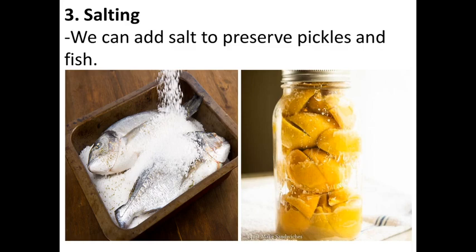That salting process helps to slow down the growth of microorganisms. Mango, lemon and other fruits and vegetables can be preserved by this method. Salting fish before freezing it further helps to increase the time it can stay fresh.